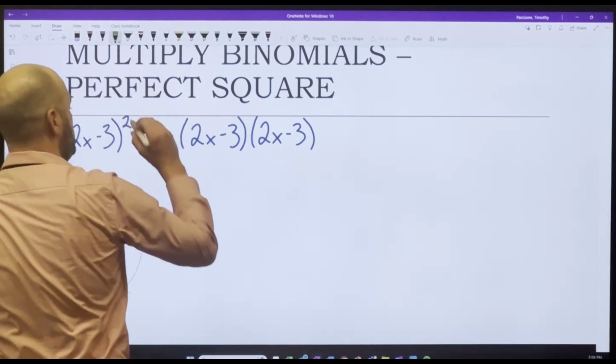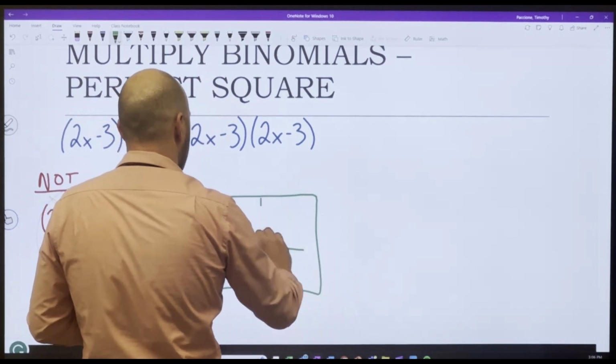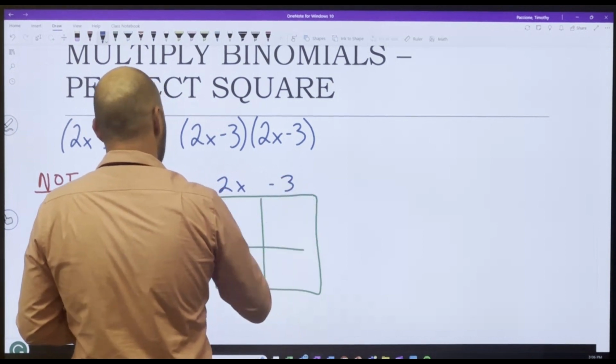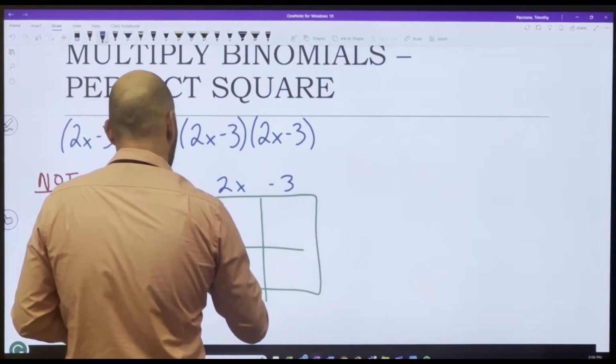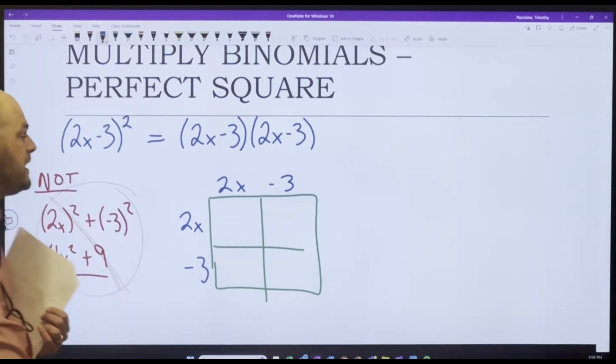So it's a 2 by 2. 2x minus 3, 2x minus 3. It doesn't have to be minus; 2x plus 3 squared is a perfect square trinomial too. It's different, but that is true.